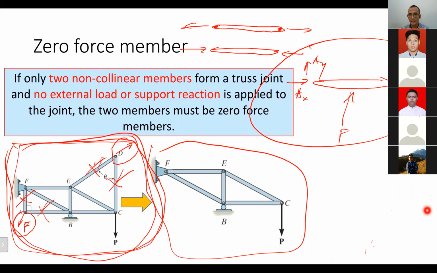Because of that, if we have a joint which only consists of two members, and both are non-collinear, and there is no external force at the joint, for sure both members will be zero force members. Yes, that's correct. So the relation is like that. I see. Okay. Thank you, sir.